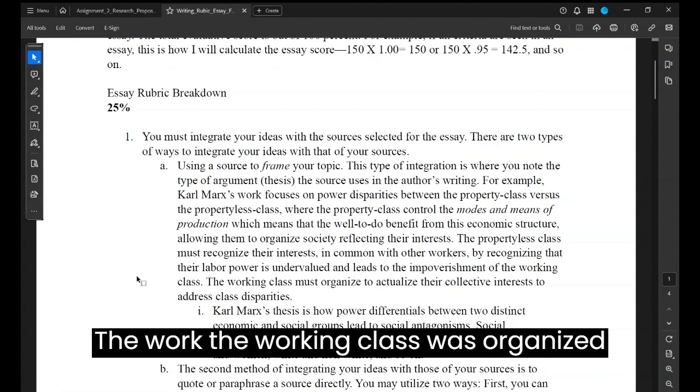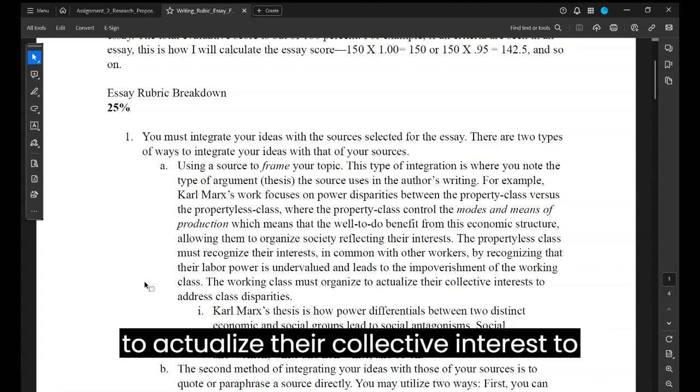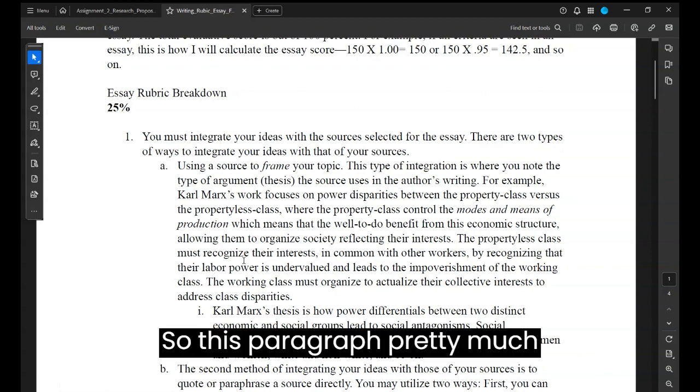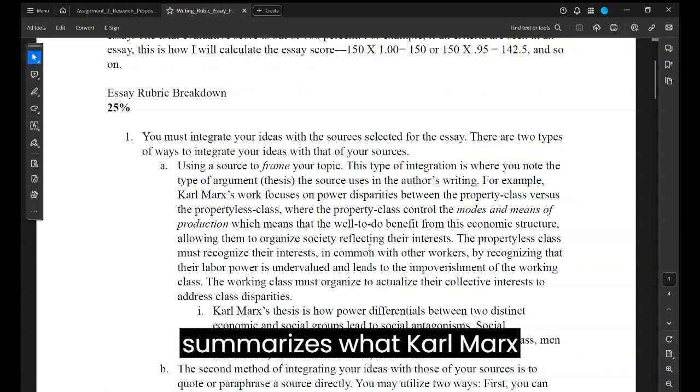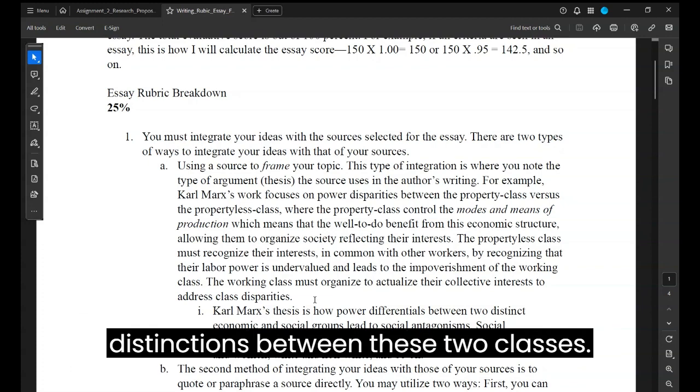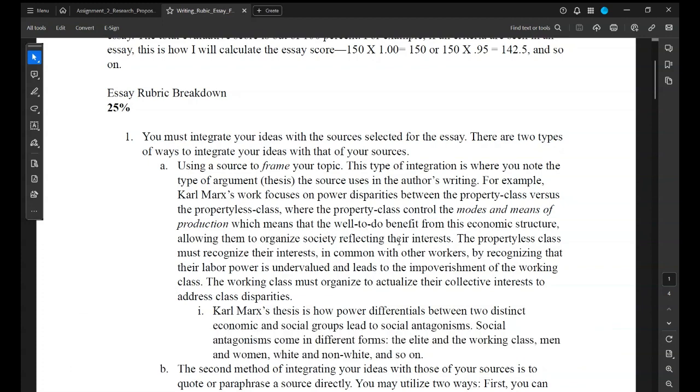The working class must organize to actualize their collective interests to address class disparities. So this paragraph pretty much summarizes what Karl Marx wrote in the Manifesto of the Communist Party, making the distinctions between these two classes, right?